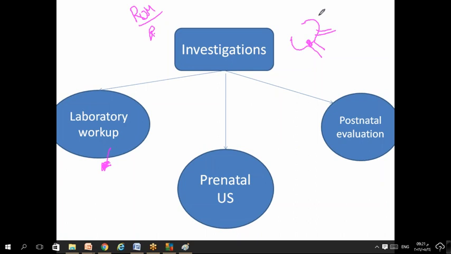So you will save the kidneys from damage of back pressure. In the same way, you will prevent the complications of oligohydramnios on the baby from developing.